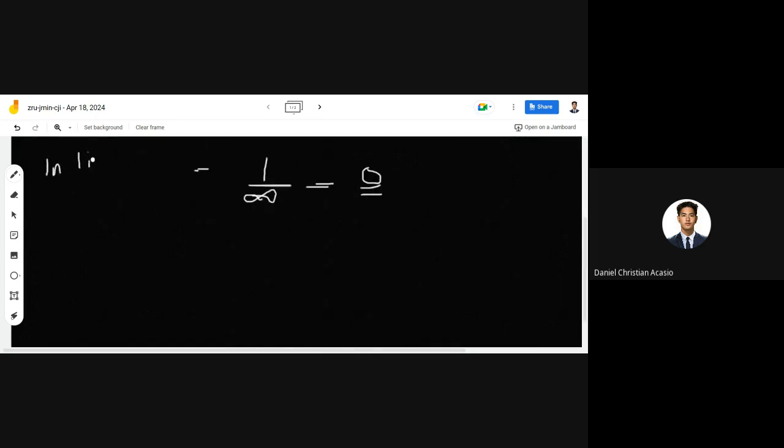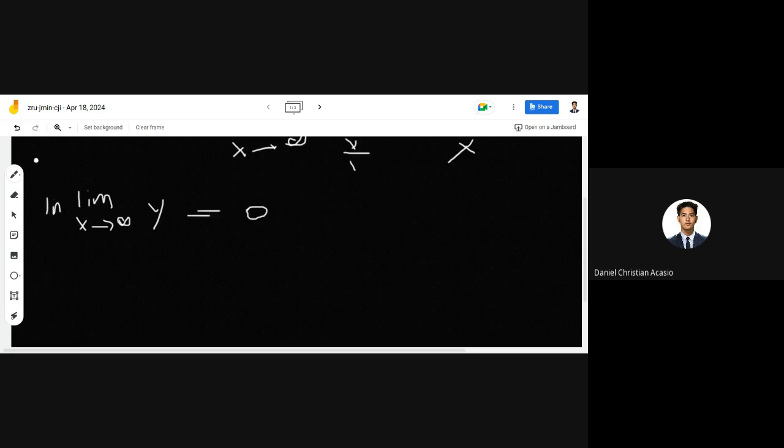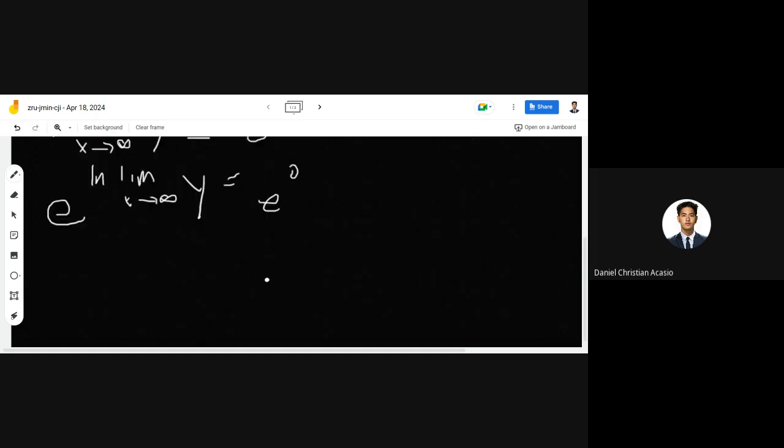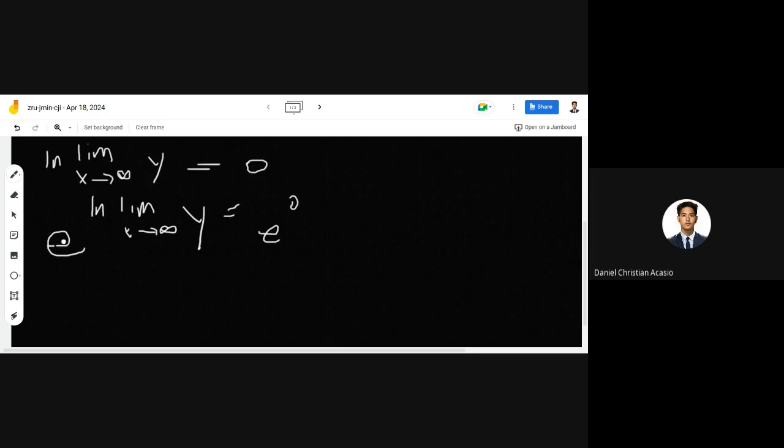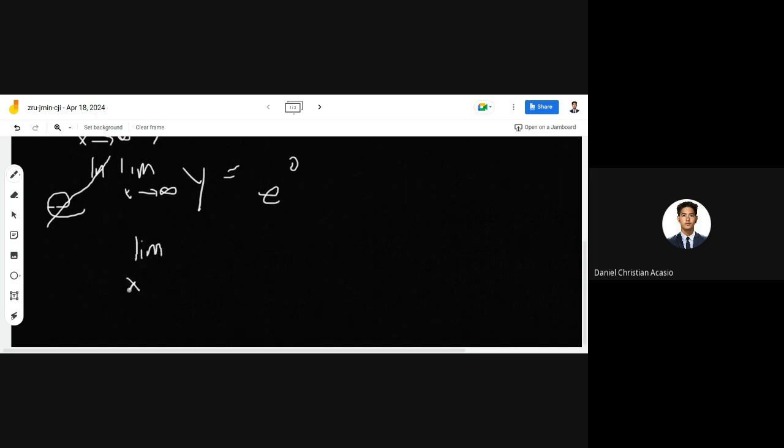ln of the limit as x approaches infinity of the function y is equal to 0. To get rid of ln, we can write e raised to ln of the limit as x approaches infinity of y equals e raised to 0. The e takes care of the ln, leaving the limit as x approaches infinity of the function y equal to e raised to 0, which is just 1.